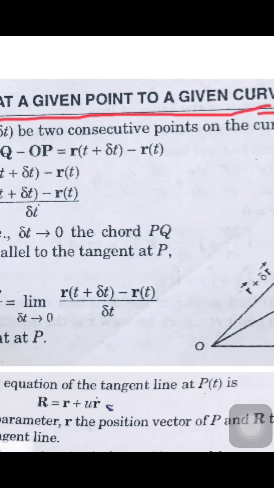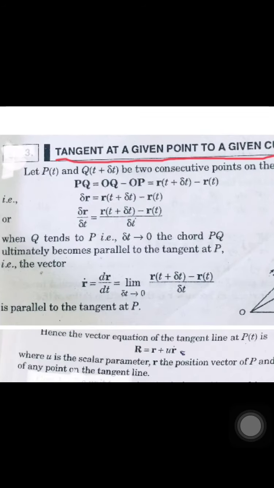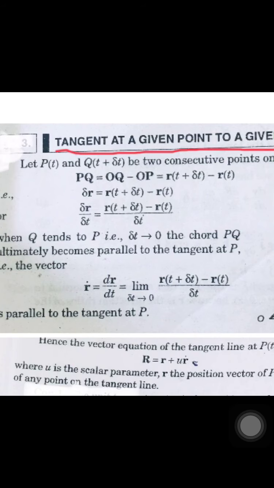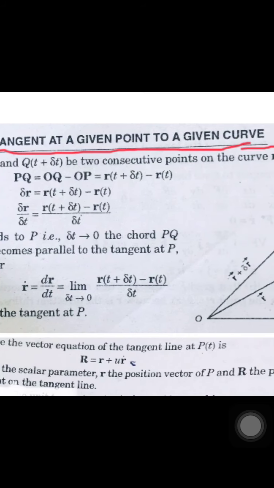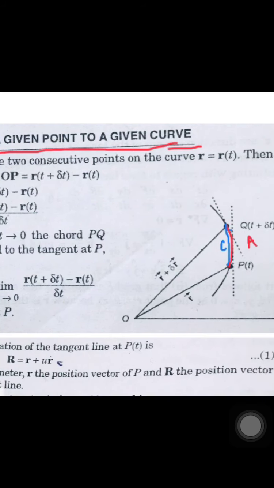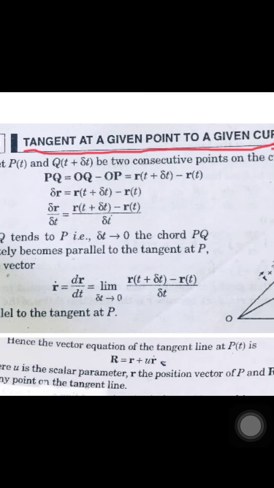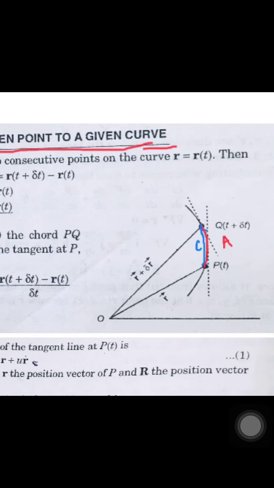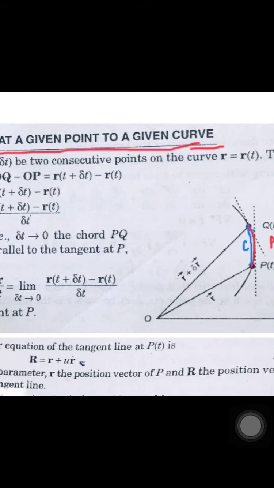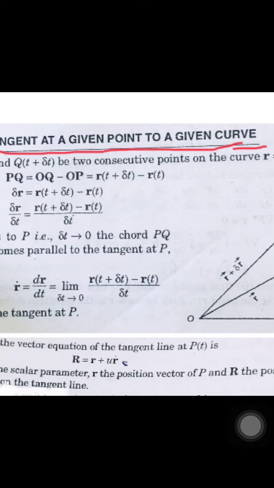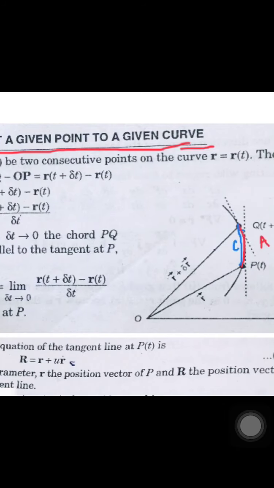Now, let P at t and Q at t plus del t be two consecutive points on the curve r equals r(t). Then we can write PQ, the length of the chord, which by the triangle law is the difference: PQ equals OQ minus OP.